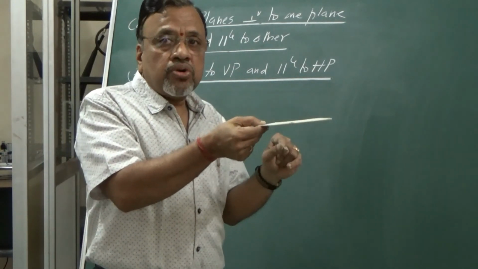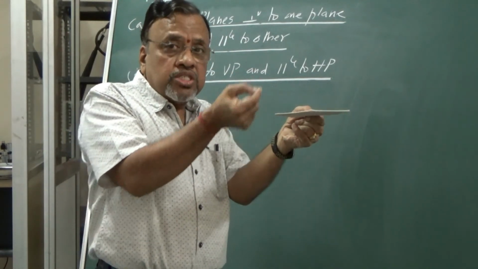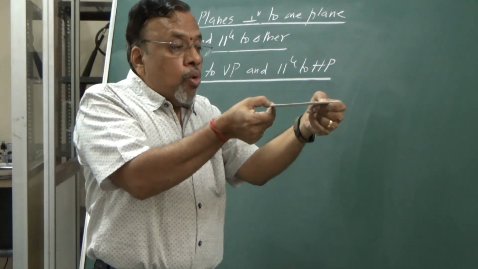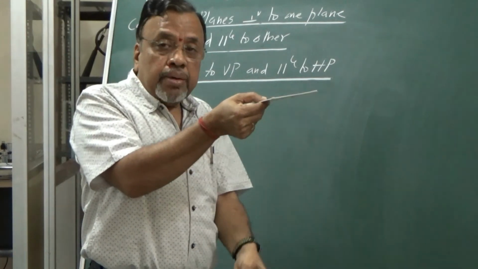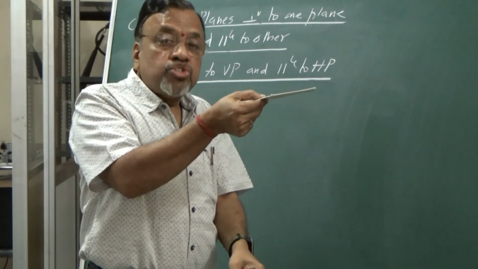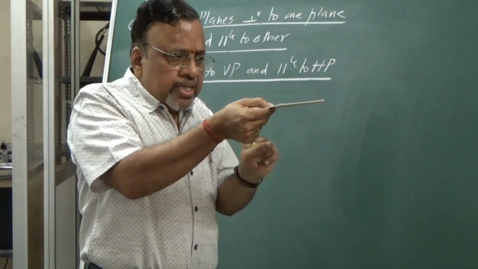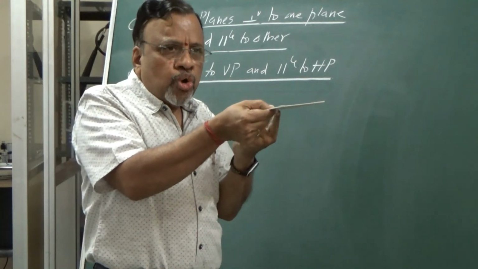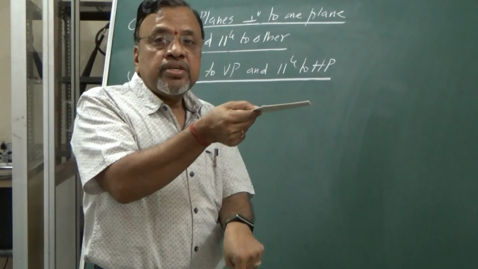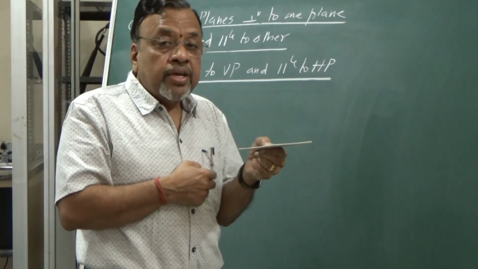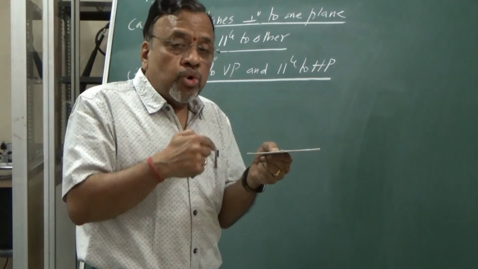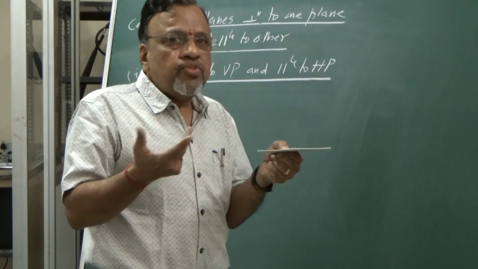Now I decided that I need to start from the top view. So how do you start the top view? As I was telling you in the previous instance also, the orientation can be anywhere. So since I am starting from the top view, I should know details in the top view. What details do you see in the top view? We know that in the top view we see VP details.